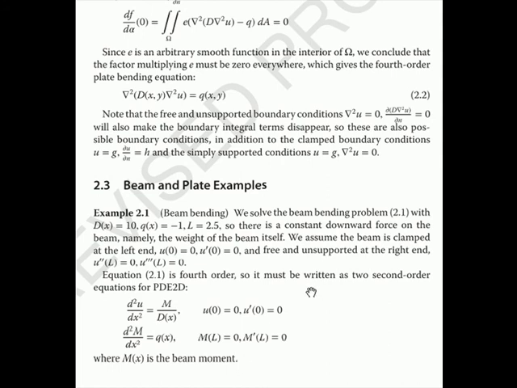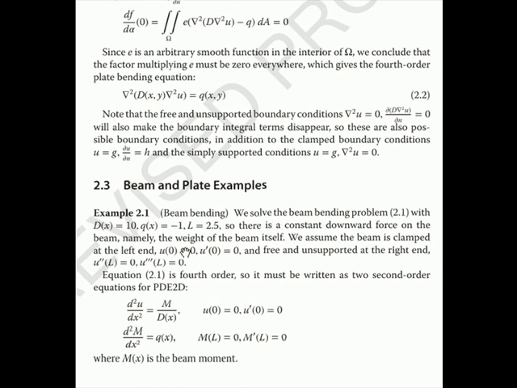Okay, we're going to work through both example problems here. First, there's a beam bending problem, a beam of length 2.5. There's a constant uniform weight, which is probably just the weight of the beam itself in the downward direction, gravity. So Q is just constant -1, D is constant 10.